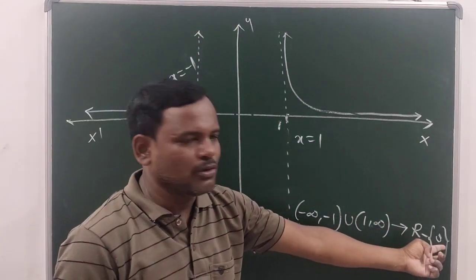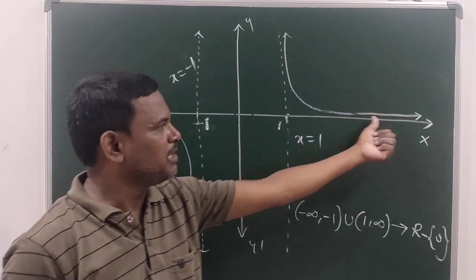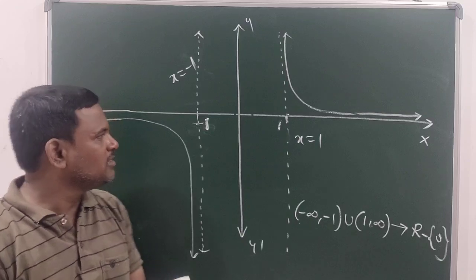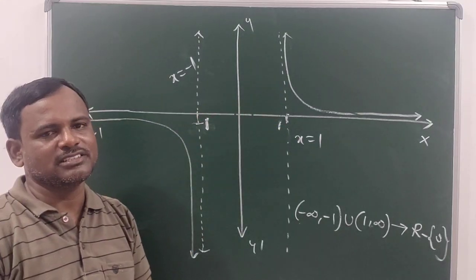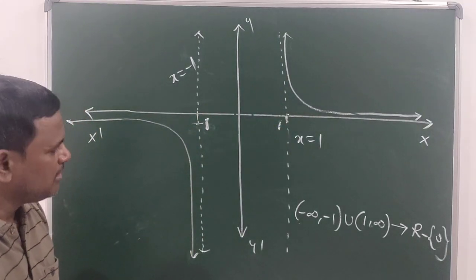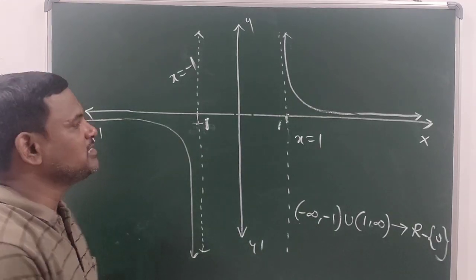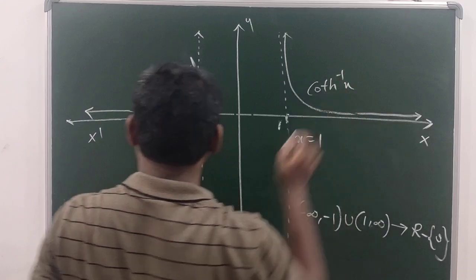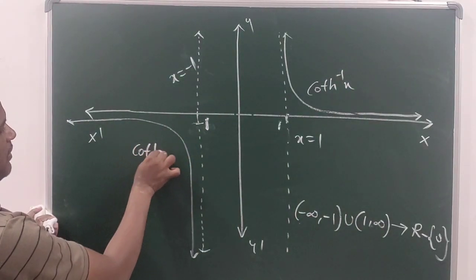So in the range 0. So 0 is not included, because on the entire x-axis y value is 0. Hence we got the break on the x-axis. Okay? Right. Now what is this? Graph of cot h inverse of x.